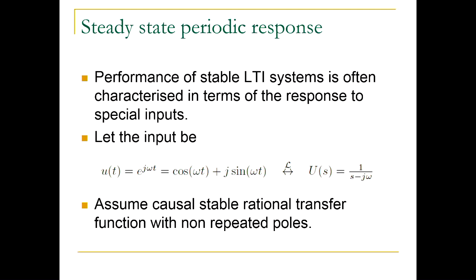But if I add this to another input, e^{-jωt}, divided by 2, I just get cosine ωt. Because of linearity, I know that the response to these two inputs would be the sum of the responses to the corresponding inputs. So if I do one of these, mathematically I can easily go to the real inputs, where I don't have j at all.